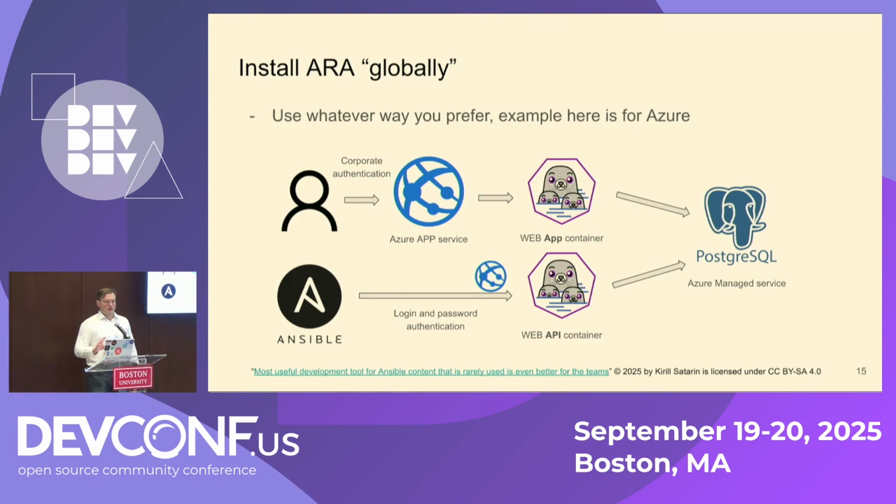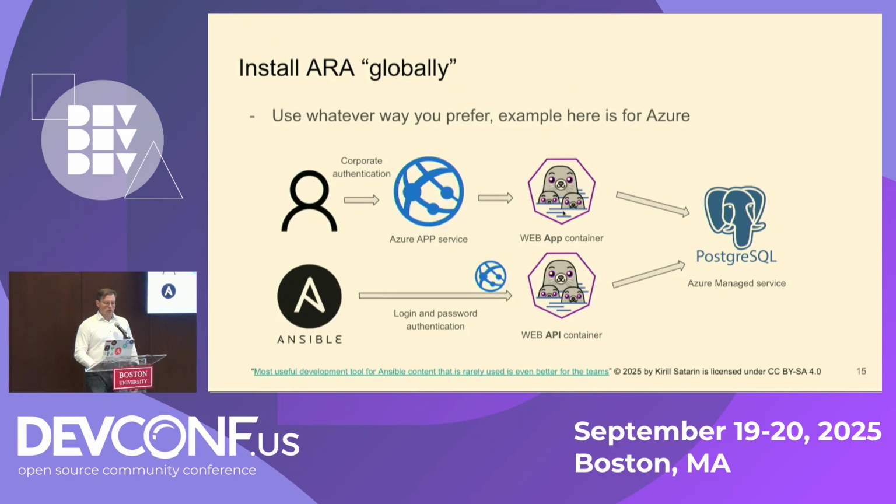I would like to highlight some important things. Ansible itself does not support any corporate authentication you might think of, like 2-factor authentication and so on. That's why I have 2 containers. One container is for employees or your colleagues to access the data through the web interface.